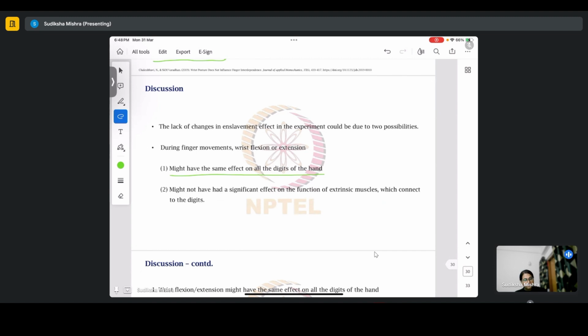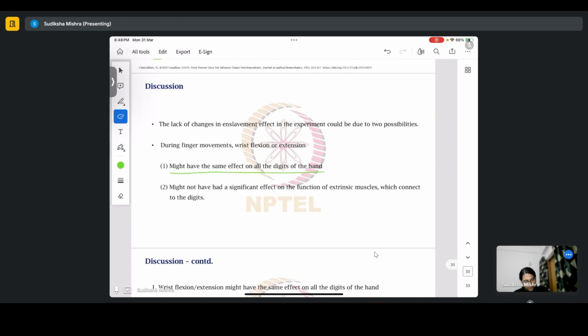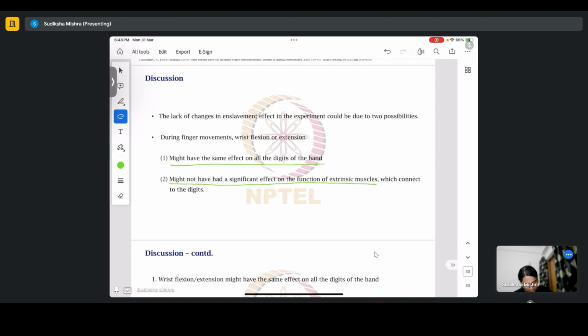Or, the second possibility is that the wrist flexion extension does not have a significant effect on the function of extrinsic muscles which connect to the digits.